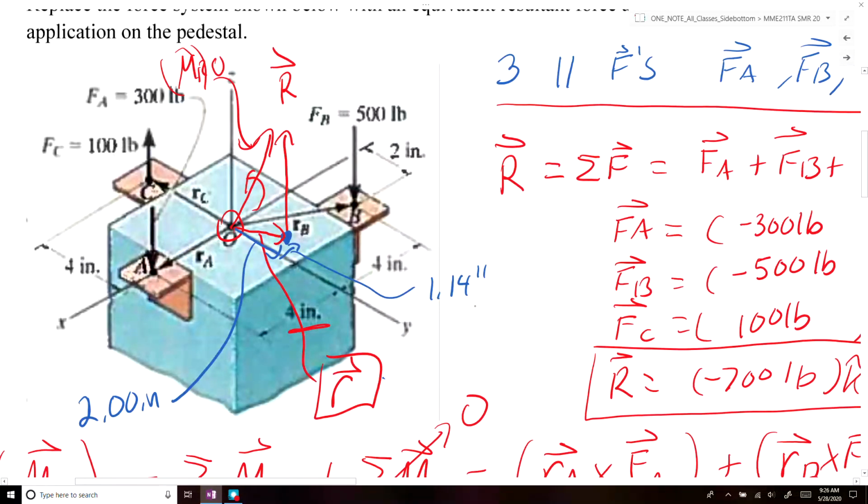Okay, so that's where our equivalent resultant force would be applied. That would create the same equivalent moment of our system about the origin of our system.